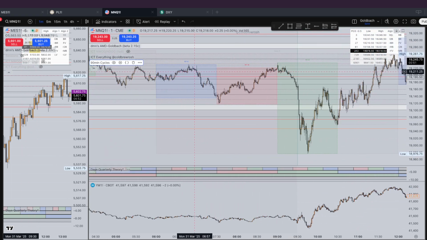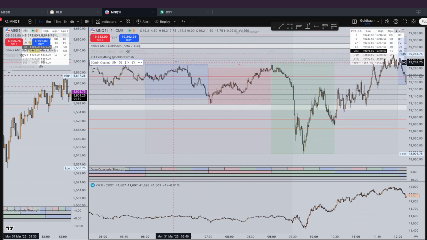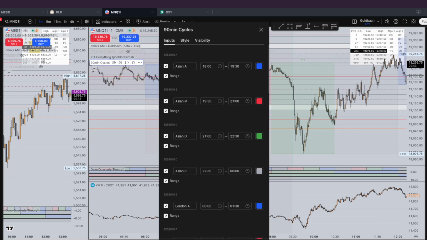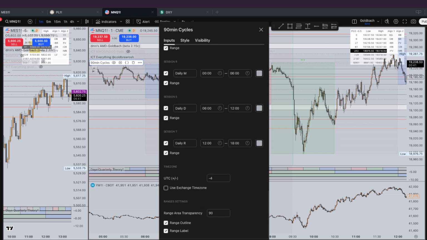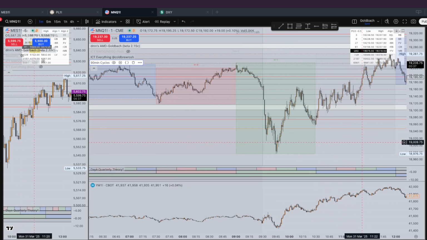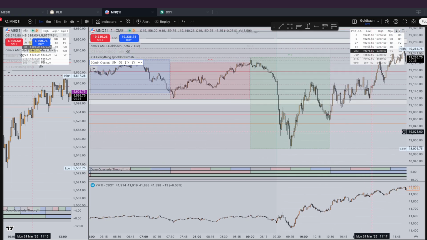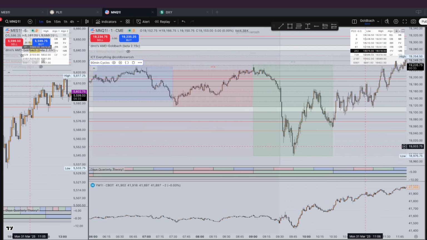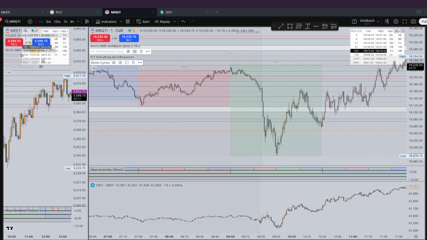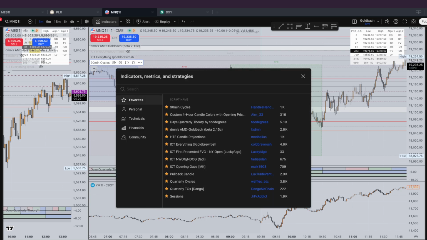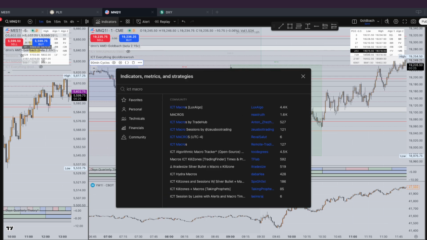So it will kind of mark out the sessions as well. And I think we will basically get something from this. Okay, let me also maybe add, so it's easier.